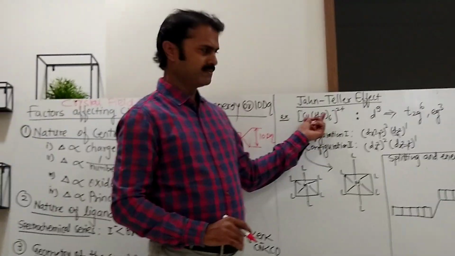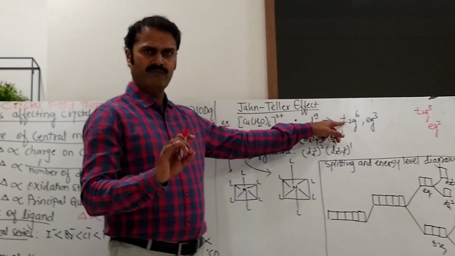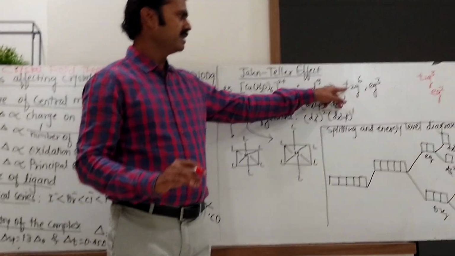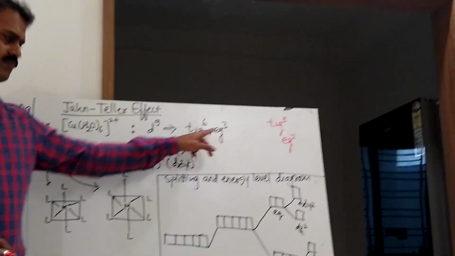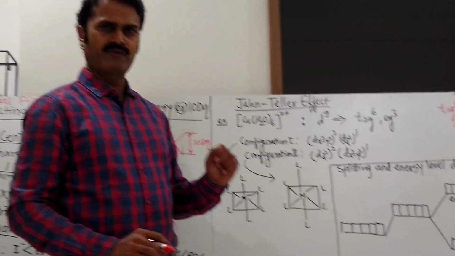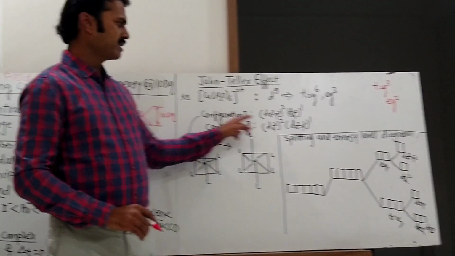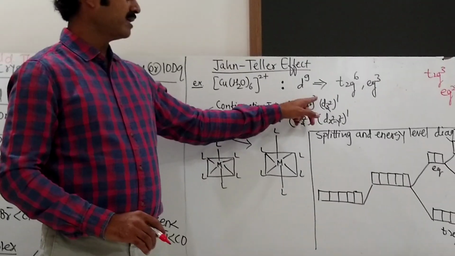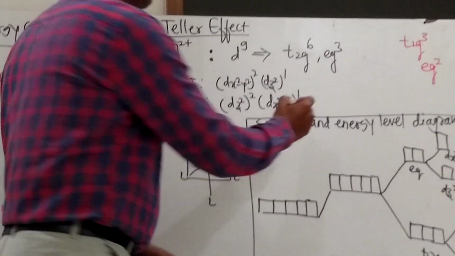In this complex, there is only one possibility of electronic arrangement in case of t2g, but in the eg orbitals there are 2 possible configurations. The first possible configuration is that dx2-y2 has 2 electrons and dz2 has 1 electron.